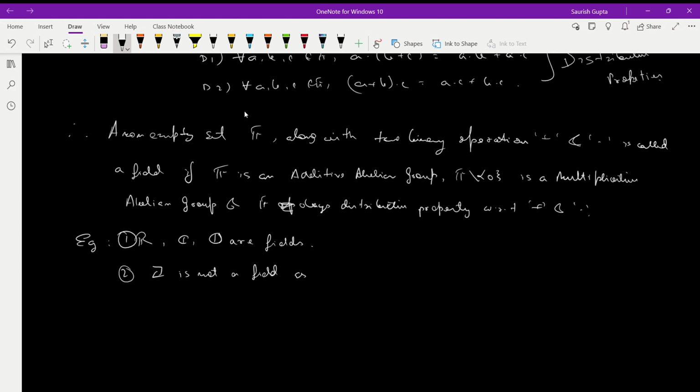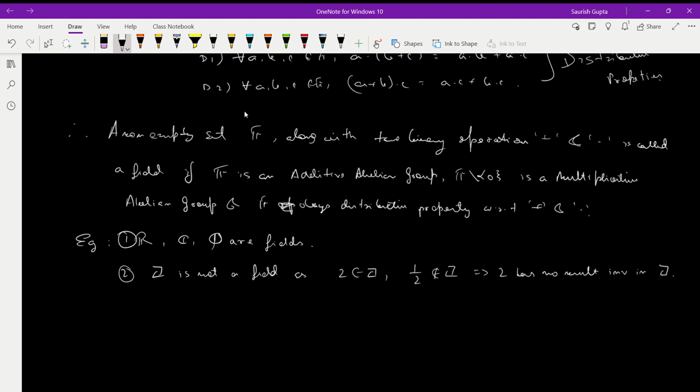Z is not a field, and the reason is that you have 2 in Z, but 2 has no multiplicative inverse in Z because 1 by 2 is not in Z. And 2 times 1 by 2 is the same as 1 by 2 times 2 is equal to 1, right? So 2 has no multiplicative inverse in Z.